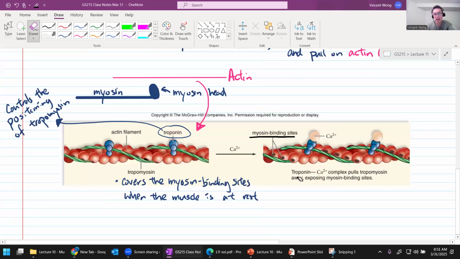And once the calcium binds to the troponin, it will roll away the tropomyosin, which then exposes these binding sites for the myosin head. Once you roll it away, it's like a magnet. The myosin head will grab, and then it's going to pull, and then it's going to shorten the sarcomere.